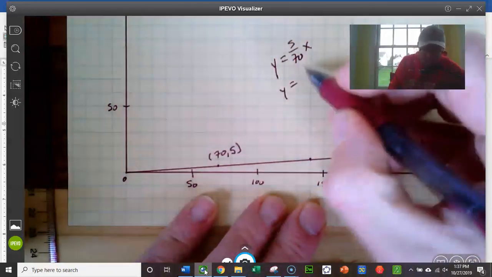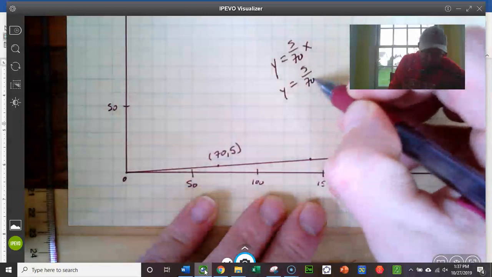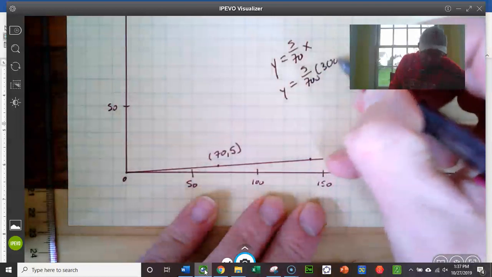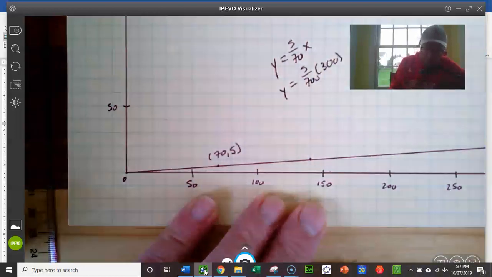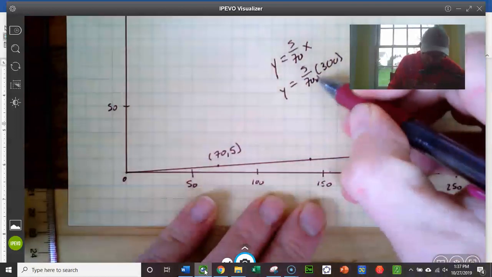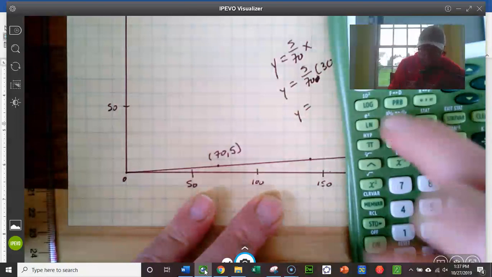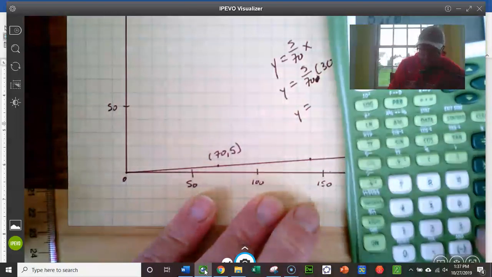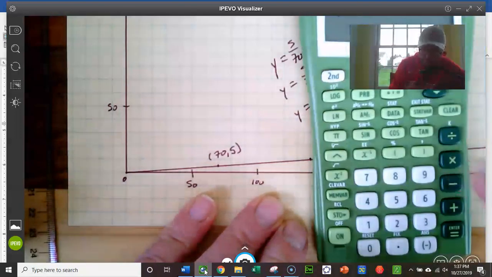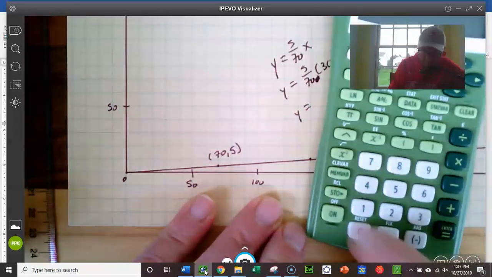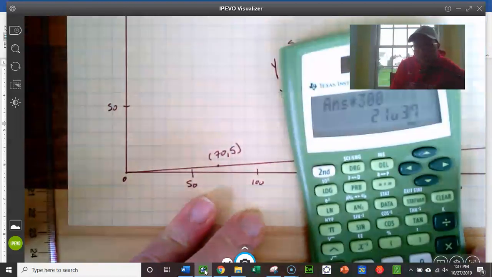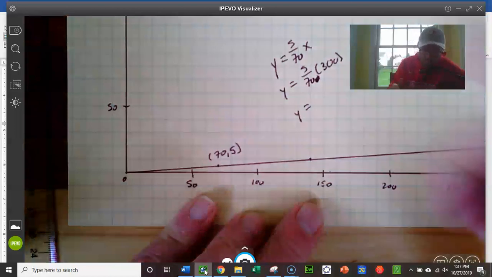And we're going to plug in 300. So let's see. 5/70, which is 1/14th, times 300, is 21 3/7.